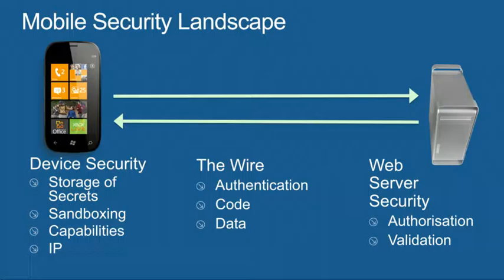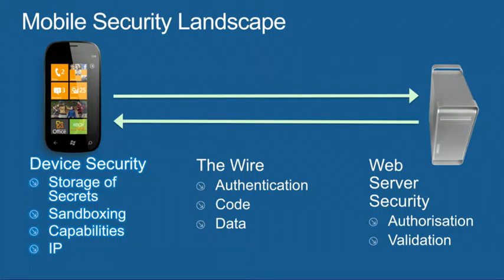We'll talk about what's traveling over the wire. I think all developers should have a really good understanding of what data they're sending back and forward from the server. Then we'll very briefly cover the web server security side, because that's very similar to a regular web app, and we did that last year, and we wanted to do different stuff this year.